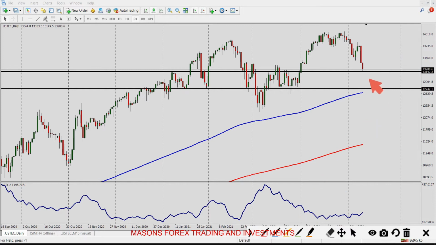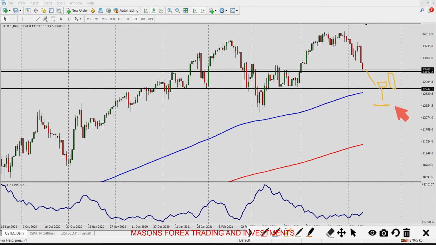Or we could also come back down, have our rejection bar and a bigger candle. Let's just say we had this combination here, and then you can see we have an ATR. We can use one ATR, and let's just say we place our stop loss somewhere here.